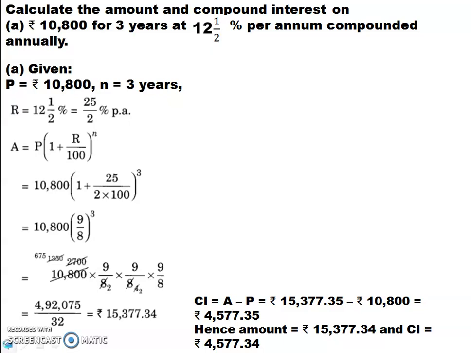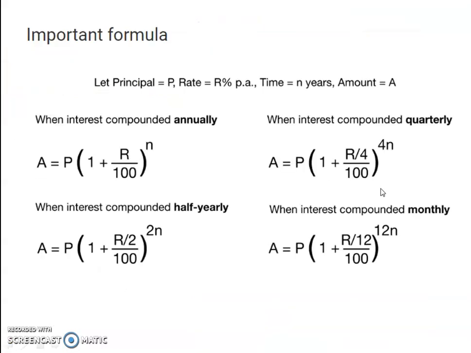Now, interest compounded quarterly. What is quarter? Quarter means 1 by 4. So you will divide rate by 4 and multiply time by 4.